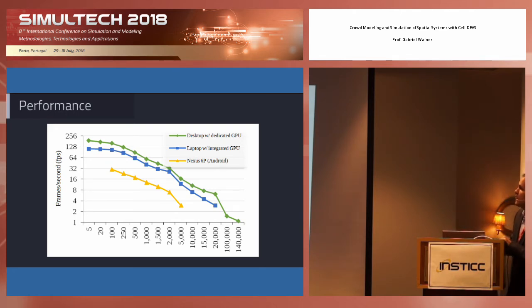We can run around 10,000 at decent visualization performance. And my student has been putting his stuff on his cell phone also. It's a good cell phone with a good GPU. I have a demo on my cell phone, which is not that good, but it works, with 4,000, 5,000, 6,000 people walking around at decent performance for visualization.